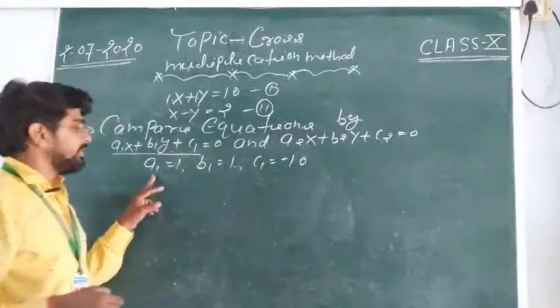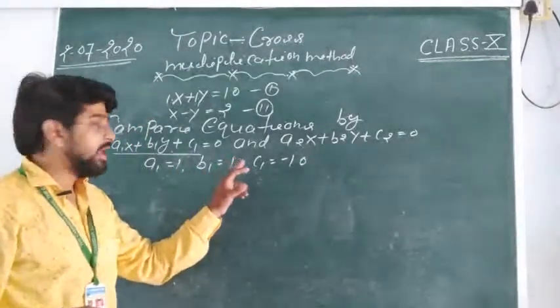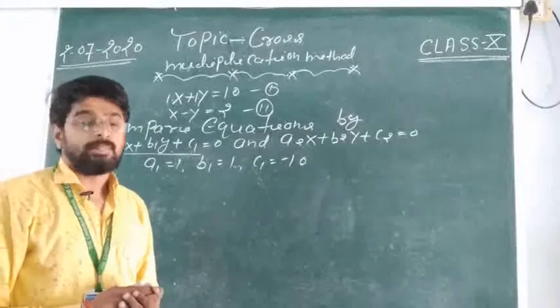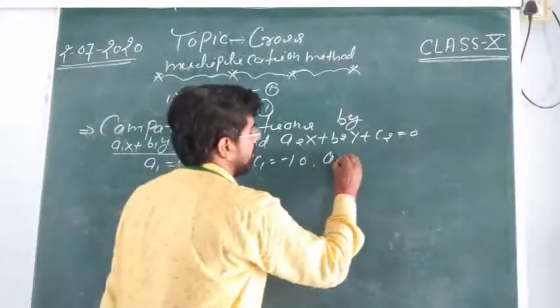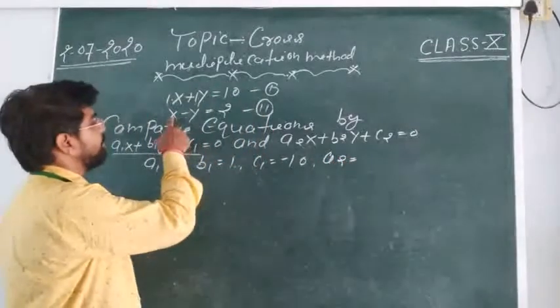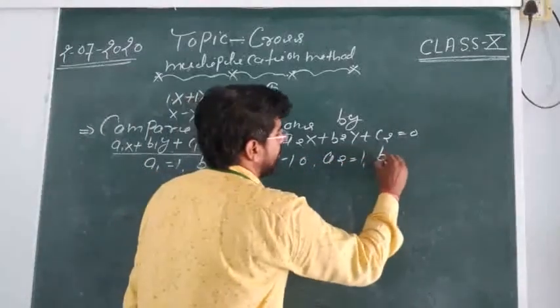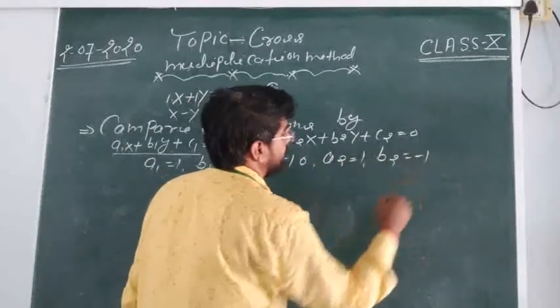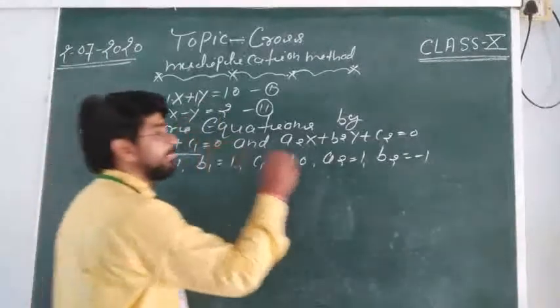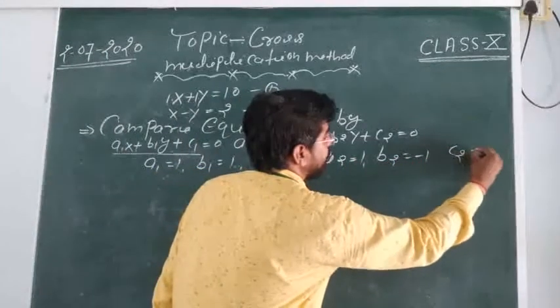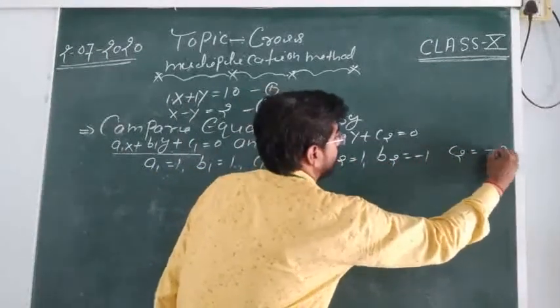Now a2 is equal to 1, b2 is equal to minus 1 and c2 is equal to minus 2.